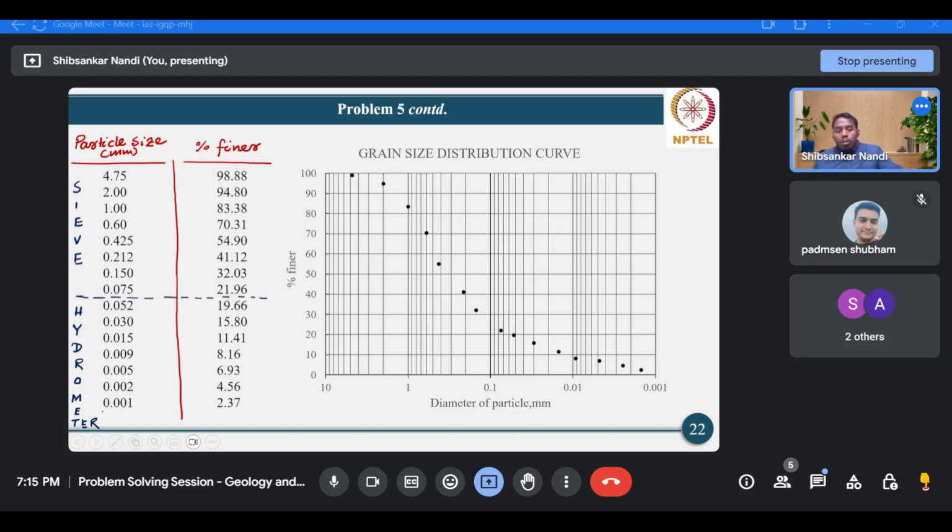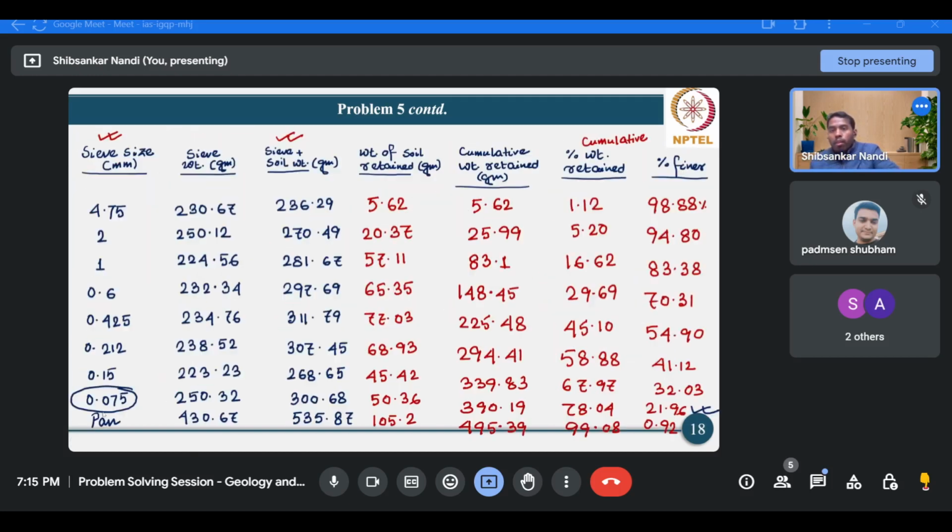It is nothing but a consolidated summary of the sieve analysis and hydrometer analysis.